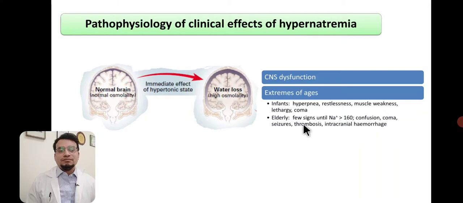until sodium is more than 160, the symptoms of hypernatremia usually do not manifest. However, over 160, there may be confusion, coma, seizures, thrombosis, intracranial hemorrhage. I remember one case in my oncology ICU where the patient's age was 83 years and he developed cavernous sinus thrombosis.